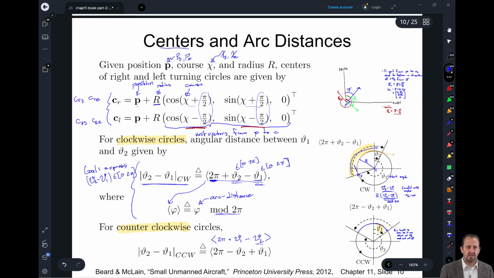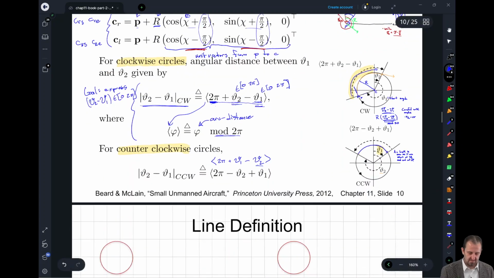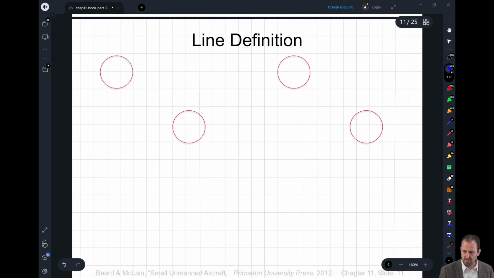Now let's chat just a little bit about the lines. Let me make sure I didn't miss anything here. If we take a look at the lines, we're going to have two different types of lines. We actually have four, but really just these two different types, and you'll be able to see what I mean.